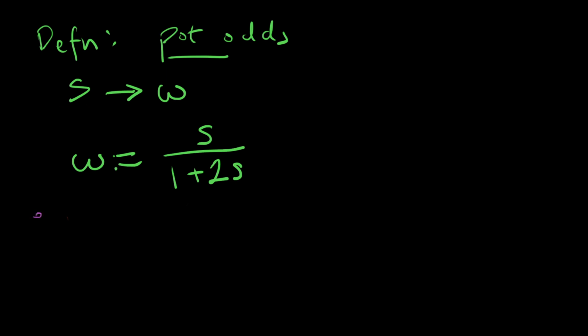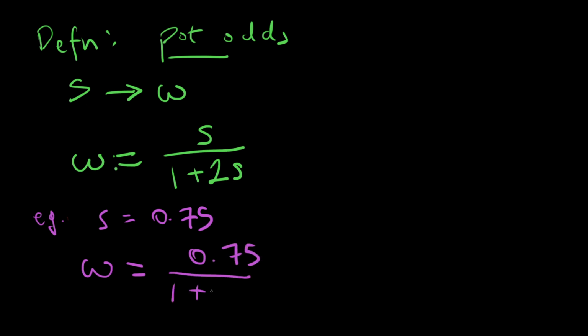So let's look at the example. For S equal to 0.75, pot odds omega is just equal to 0.75 divided by 1 plus 2 times 0.75, and that is equal to 0.3.